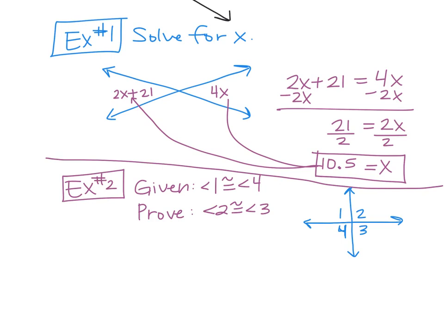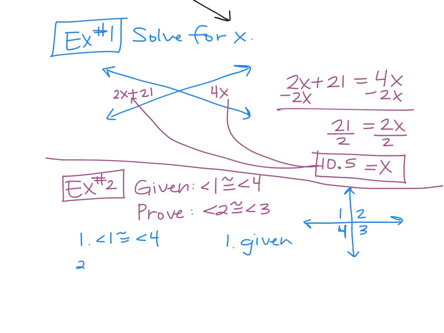Okay, what is our first step? The given, right? So we know that angle 1 is congruent to angle 4 because it was given to us.